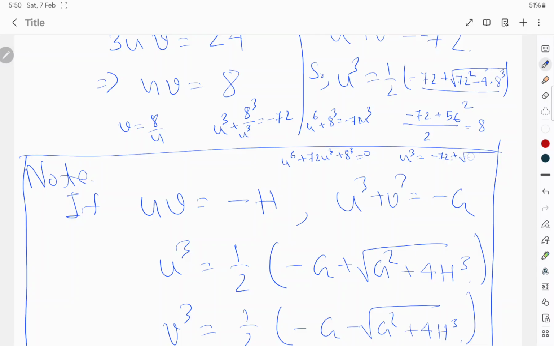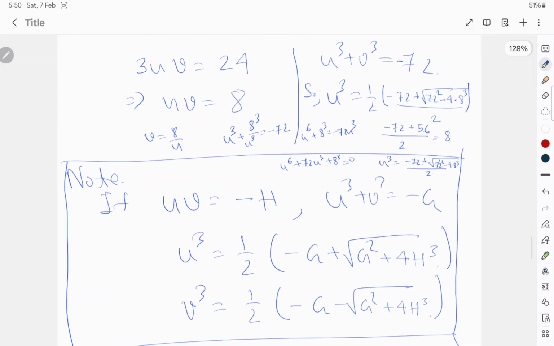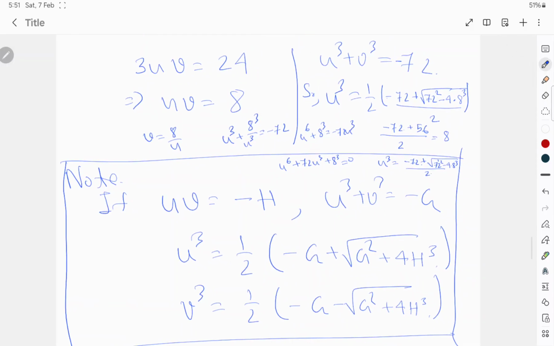B square you see 72 square minus 4ac, 4 into a is 1 and c is 8^3, divided by 2. You see, same formula I have written. Okay, but yeah, there are some steps. So you can do in this way. Whenever you have this thing, the v^3 will be, in place of plus, you have to write minus. So in this way you can do.